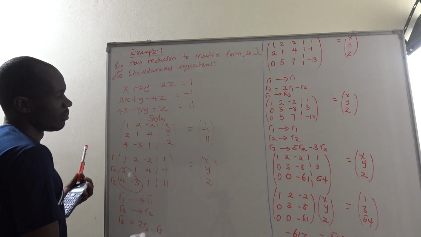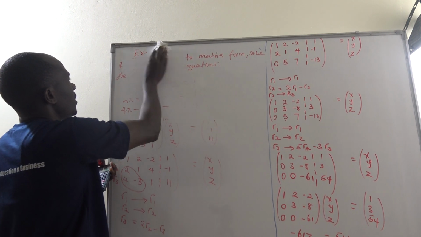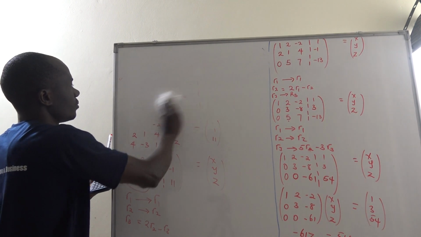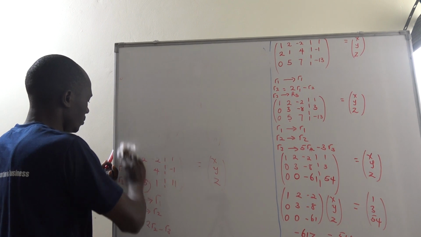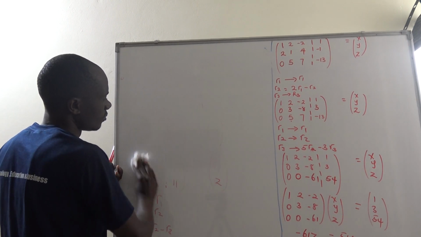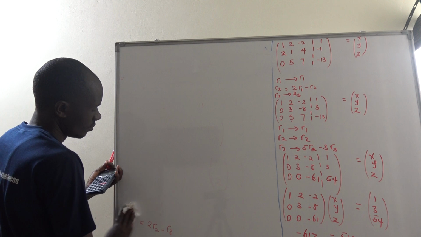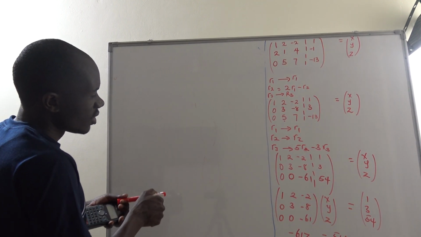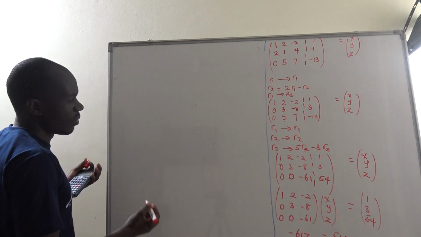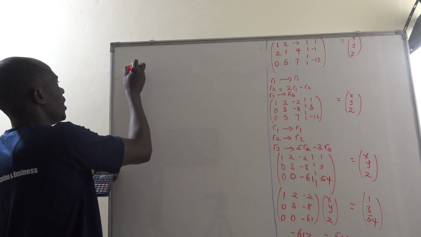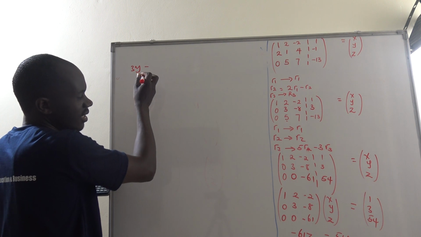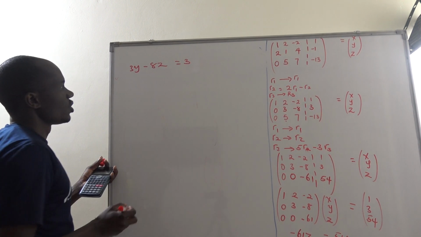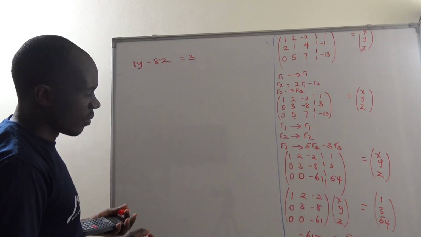So we'll go ahead and multiply for the second one. So another one is, we multiply, this becomes 3y minus 8z equals 3. So, do we know our z?